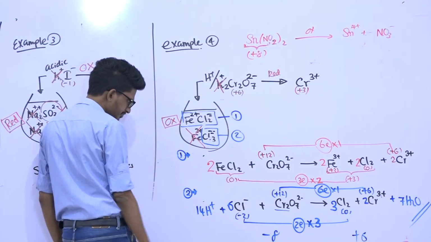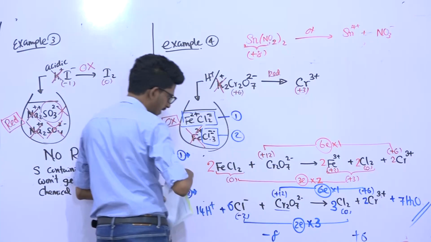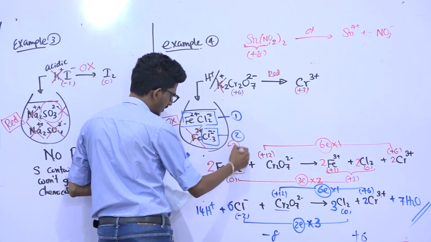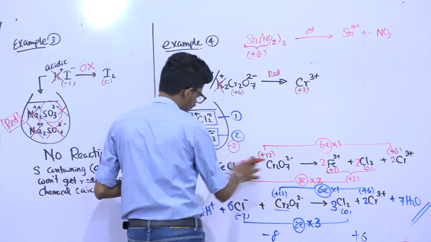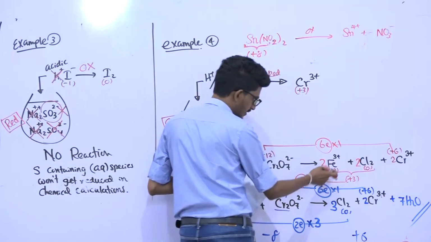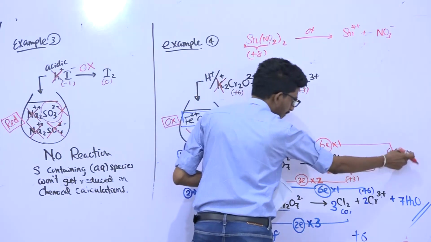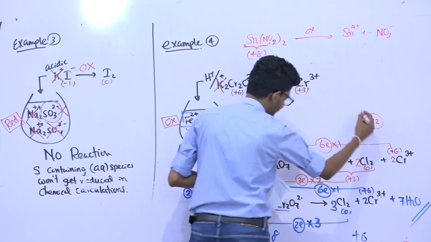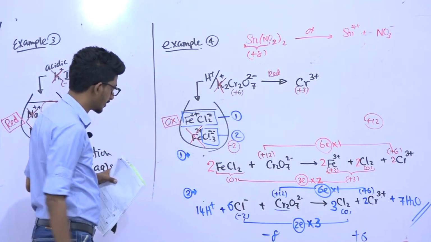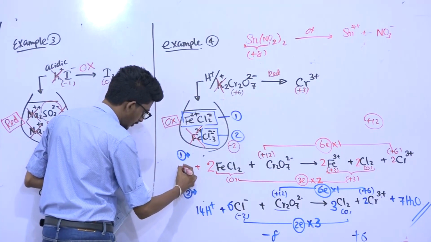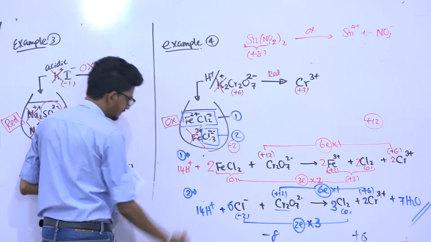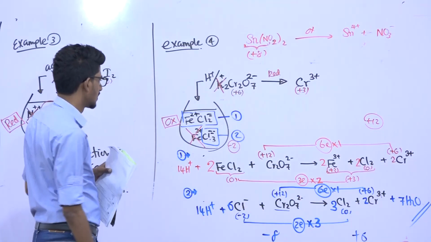So this side, -2 charge is there. This side, -2 charge is there. Right? This side +6, 2 of 3 is +6, and +6 makes +12. So 14 units of difference. So you need to come with 14 H+ this side. Right?